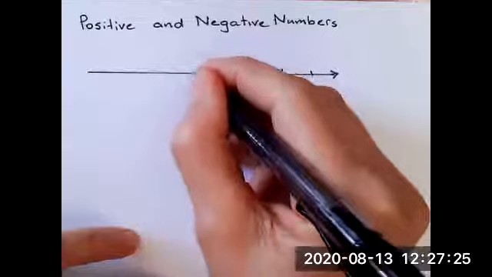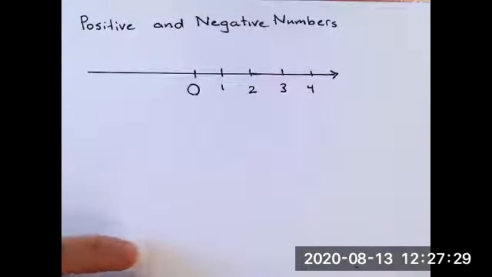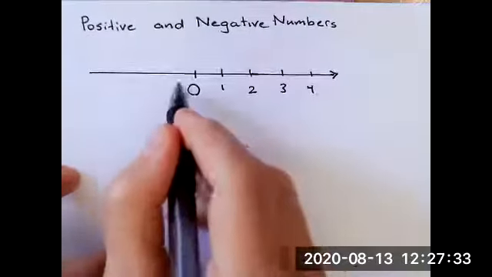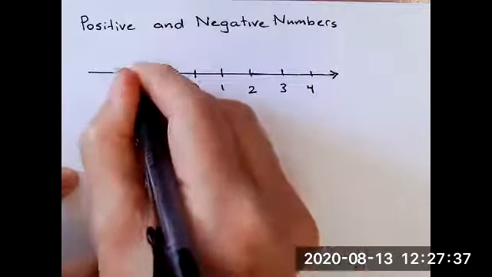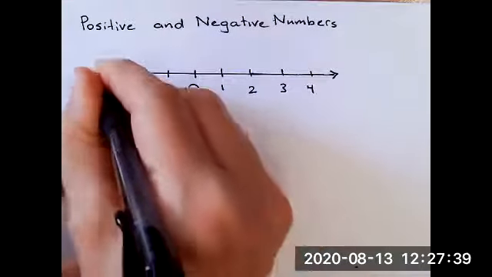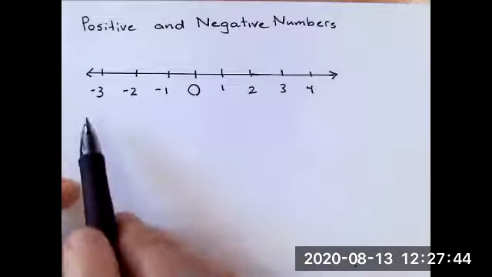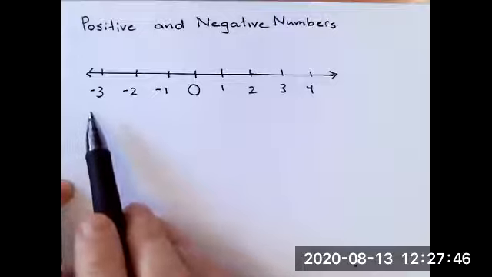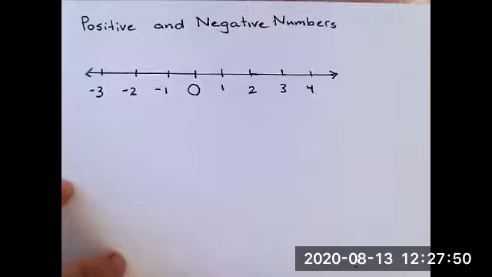Whole numbers include the number 0, and integers include the negative numbers, and they go in this direction. -1, -2, -3, and so on. And again, the farther you go to the right, the bigger the number is.